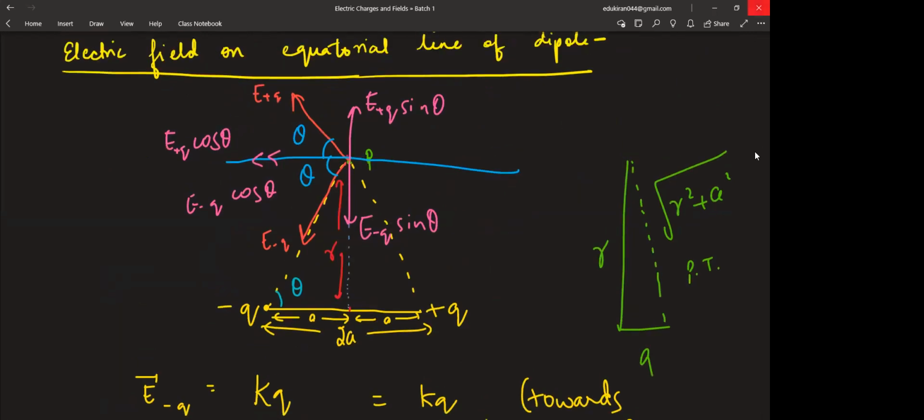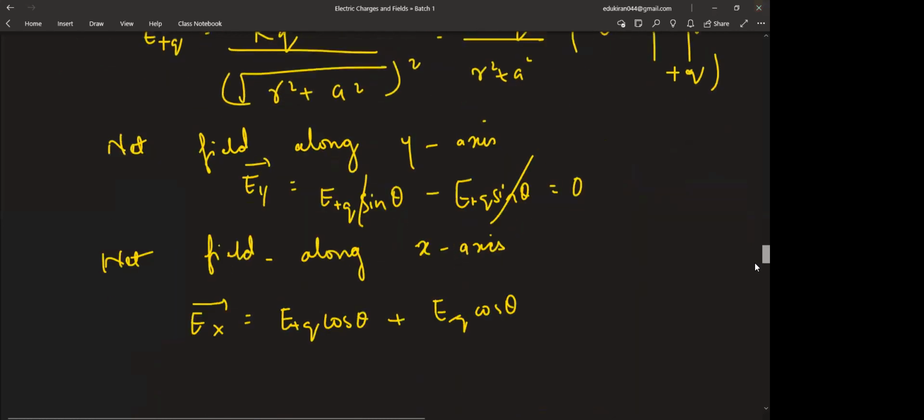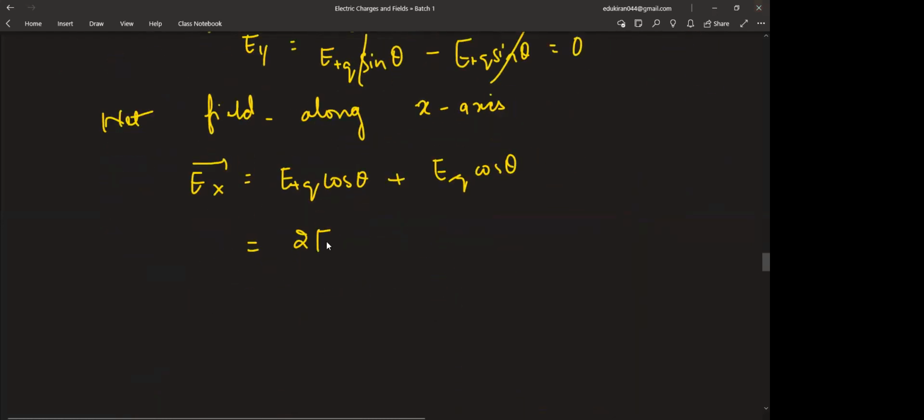So this way, it will be twice. It becomes 2E cos theta. Now, class, our task is to find out what is this E, what is this cos theta. That will give us the net electric field because Y is already 0. X we are calculating. So net will be whatever answer we are getting through it. Now, class, one thing.